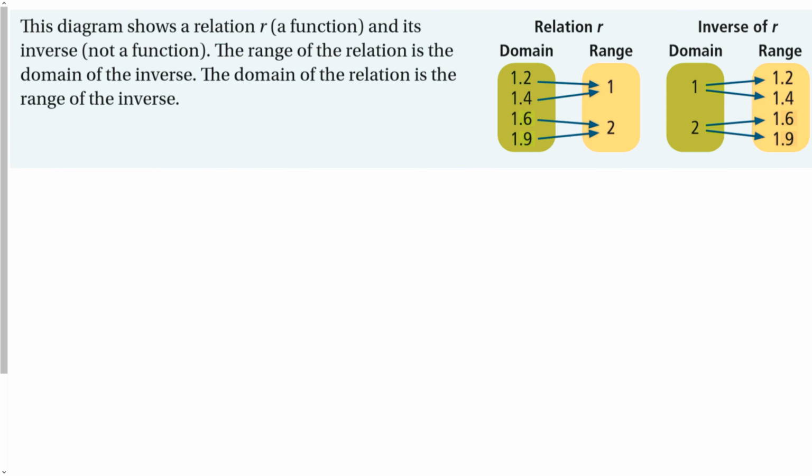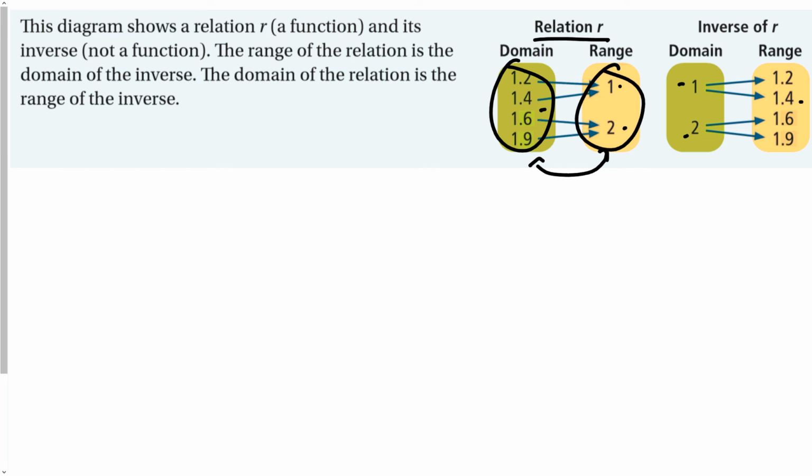Let's look at this diagram, which shows a relation, R, and its inverse. Everything in the domain goes to one thing in the range, so the relation is a function. But now when we switch the inputs and the outputs, we take all the x's and make them y's, and all the y's become x's.